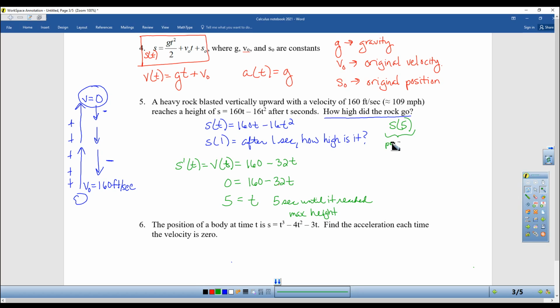This would represent its position at 5 seconds, which we know is its max. So you can do 160 times 5 minus 16 times 5 squared. And when you do that, you should get 400. Don't forget your units. This problem is in feet.